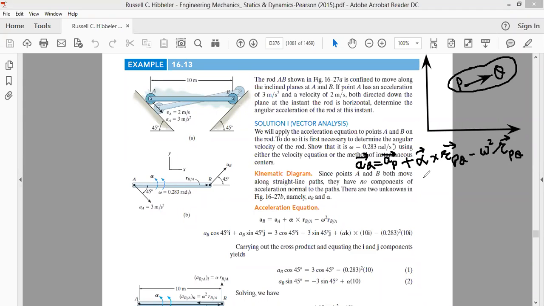Now let's try to apply this formula on the given mechanisms. Let's take this problem for example. We are given the rod AB as shown in the figure.